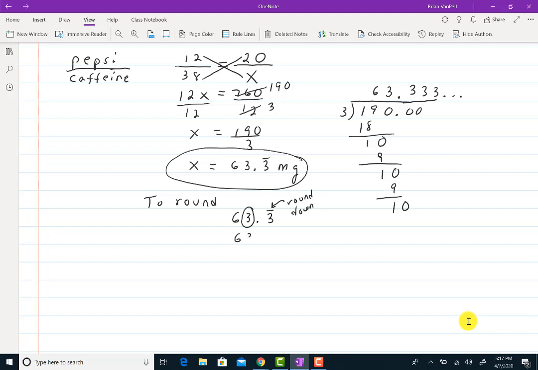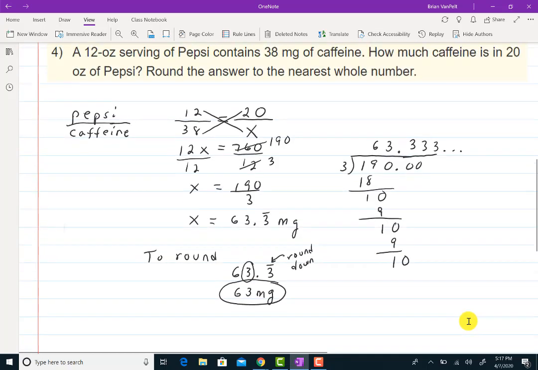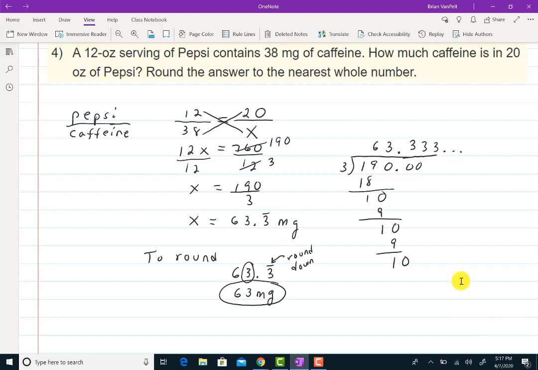And we get 63 milligrams of caffeine. So up here, the 63.3 milligrams that I put is not the answer that they were looking for. Although it gives the exact answer, you got to be careful. They said to round the answer to the nearest whole number. So that's why I went and did it only to 63 milligrams in the end.